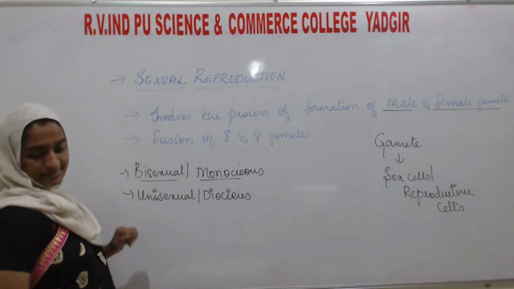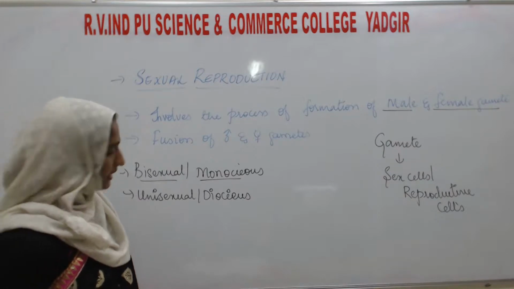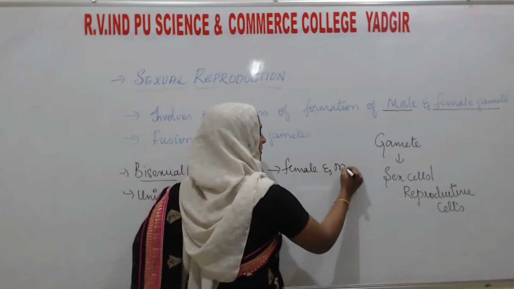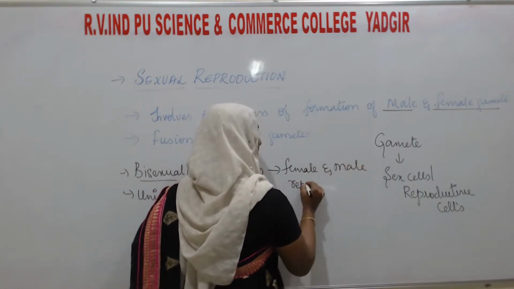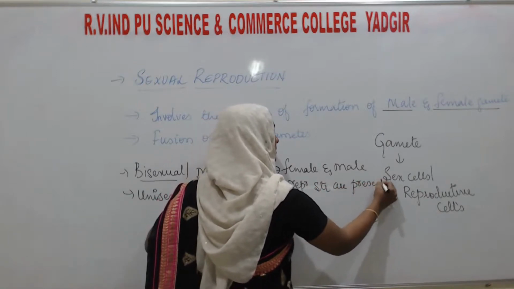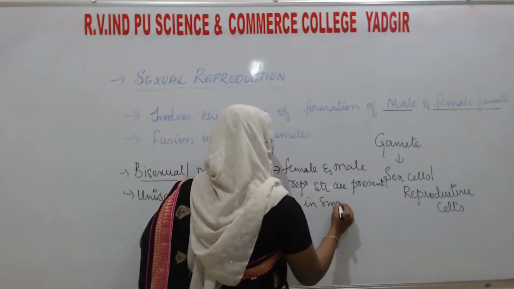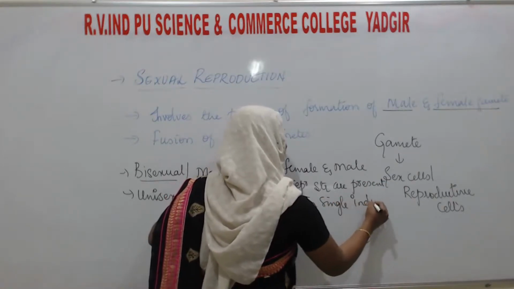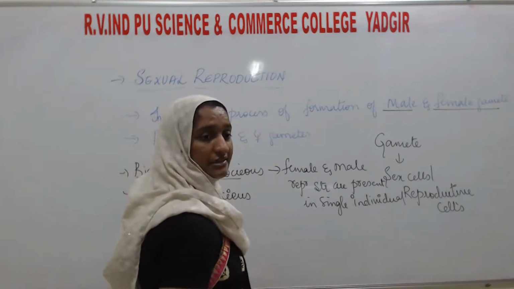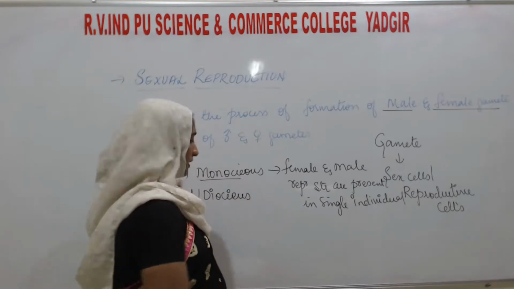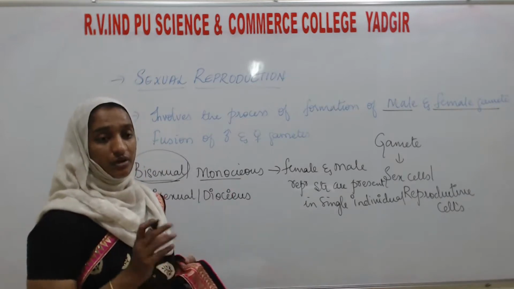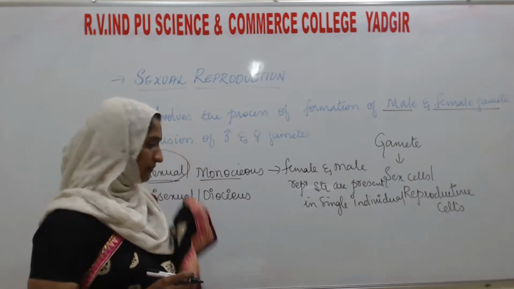Bisexual or monoecious means where the female and male reproductive structures are present in a single individual. Already you have studied the bisexual condition in the hibiscus flower, one example for that.